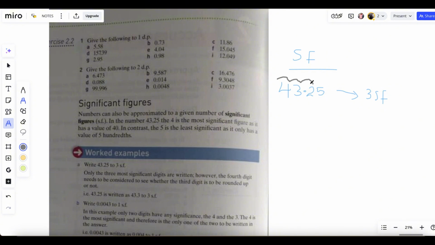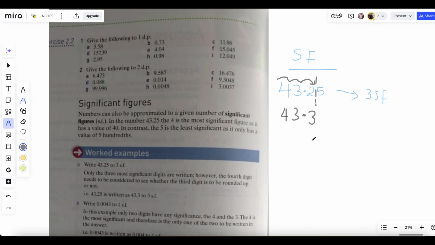So here you can see that you can take 1 from here. You break it from here, and add 1 to this one. It becomes 43.3. You don't write the 0 because there's a decimal in it. If there's no decimal in the number, you write the 0 down.